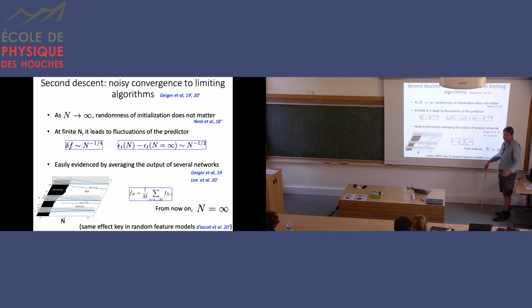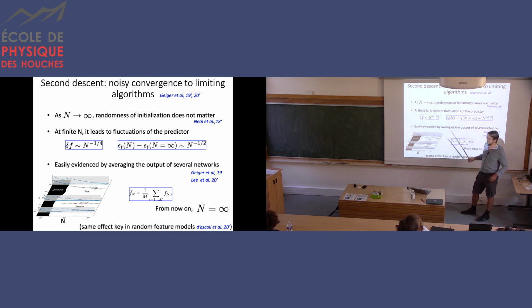As long as you take random numbers from the same distribution, this randomness is not going to matter. But what happens is that if n is finite, then you will remember where you started from in this landscape.